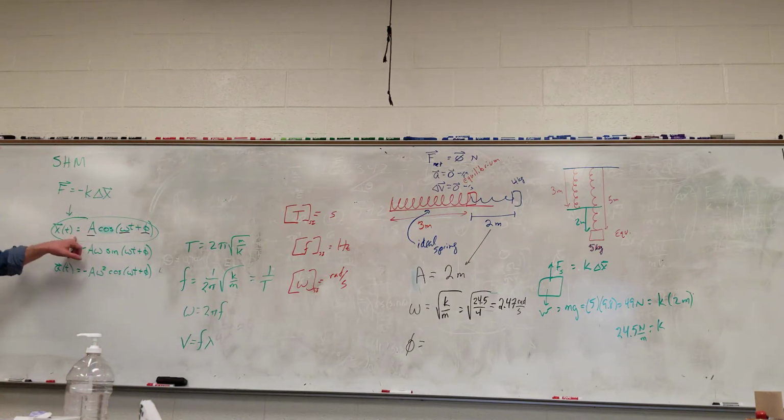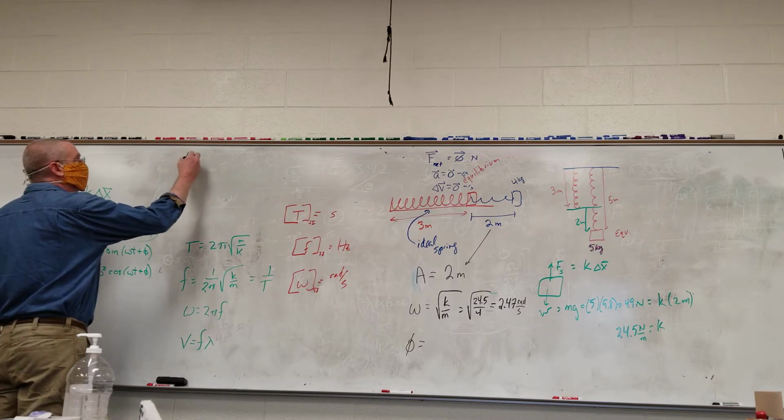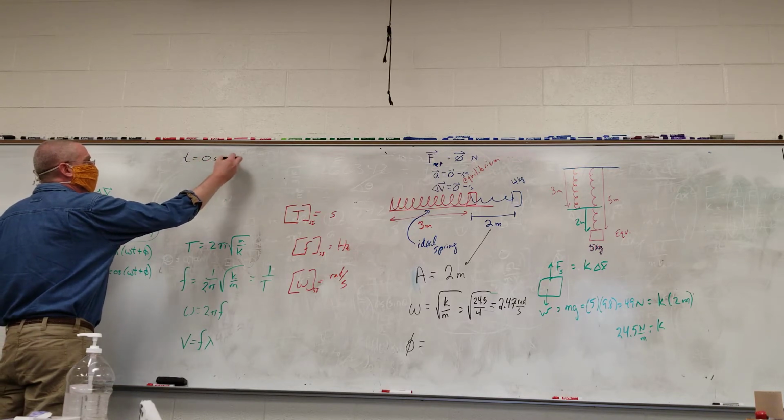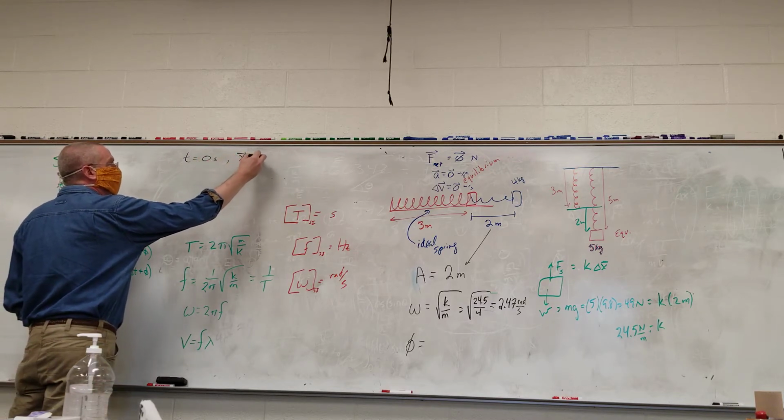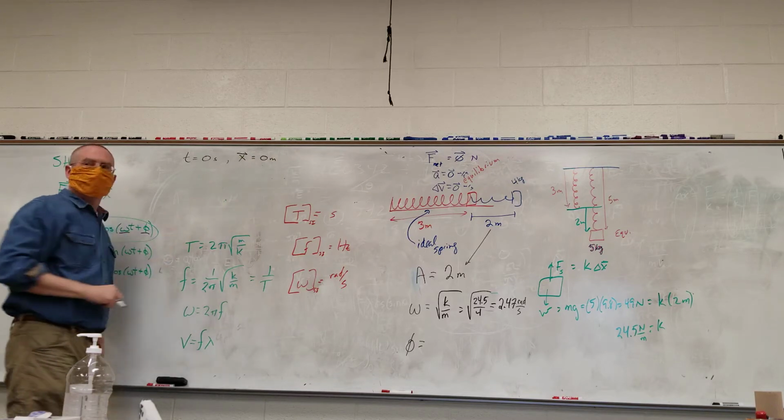So we're plugging into this equation right here. At what point are we starting our clock? When does the problem begin? It starts at equilibrium? Yes. Okay, it didn't have to be, but all right. So when time is equal to 0 seconds, your displacement is equal to 0 meters.